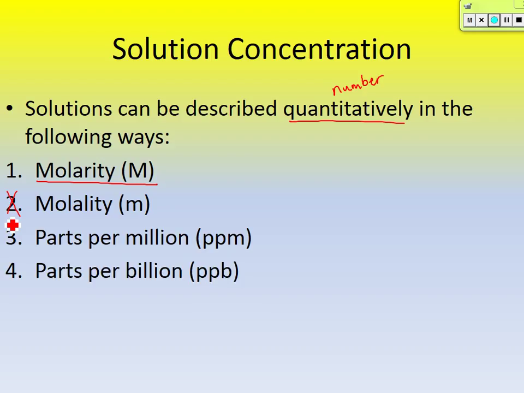We'll talk about, at the end of this lesson briefly, parts per million, which is a measurement of how concentrated a solution is. ppm is how they abbreviate parts per million. And then there's parts per billion, ppb. We'll talk about that at the very end of the lesson. But what we're going to do now is focus on number 1. Okay, so by number 1, put a little star. That's the one you've got to know about.